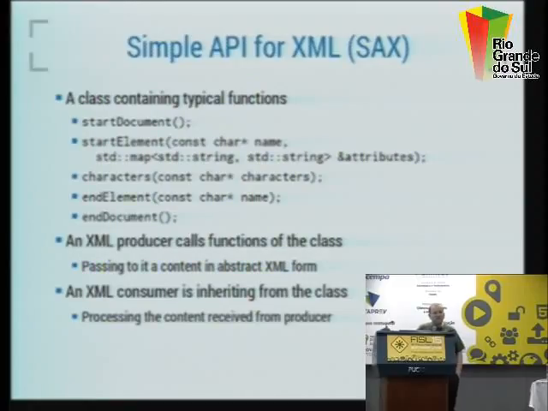A producer of the XML calls these functions and fills the attributes, and passes them to a consumer who inherits from this interface and reacts to these callbacks.